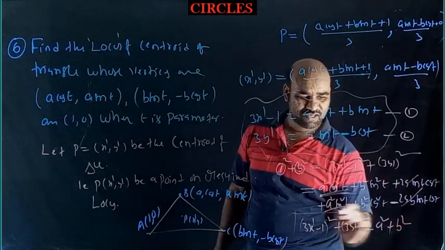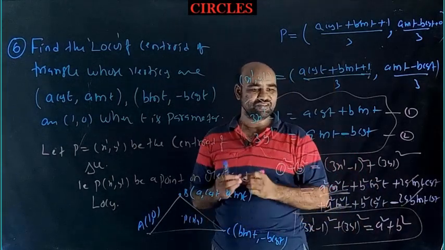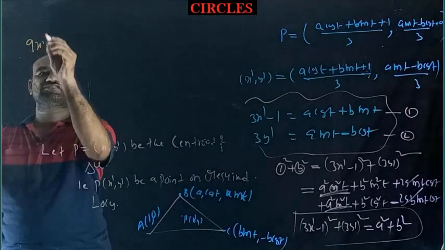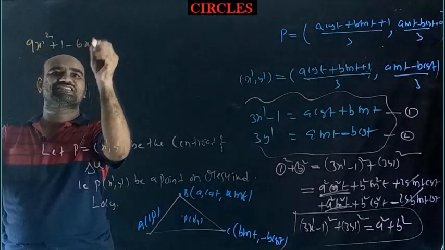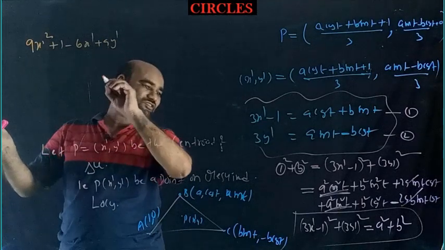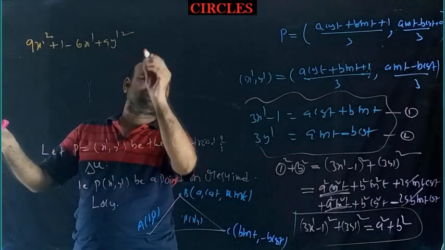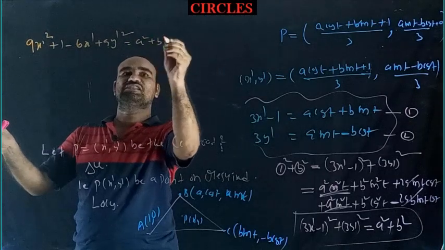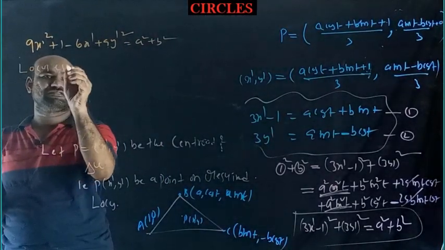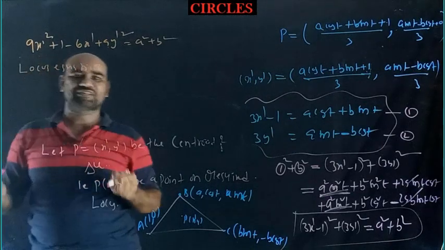So this is the relationship between x' and y'. Now I want to simplify it: 9x'² - 6x' + 1 + 9y'² equals a² + b². So the locus equation: now I want to drop x' and y'.